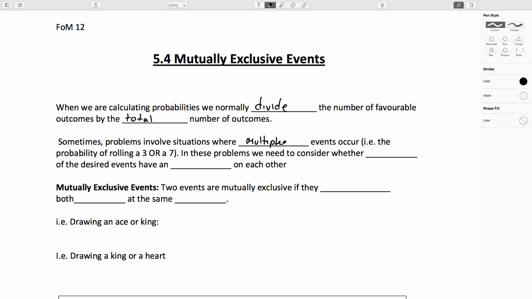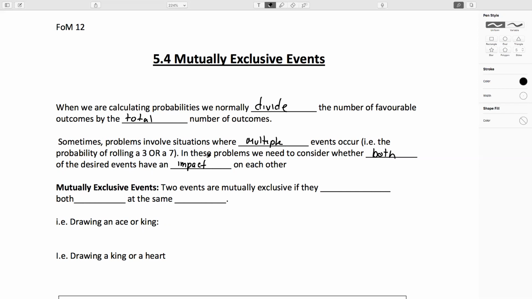In these problems, we need to consider whether both of the desired events have an impact on one another. So for example, think about whether you were rolling a 1 or a 2. Does rolling a 1 affect rolling a 2?